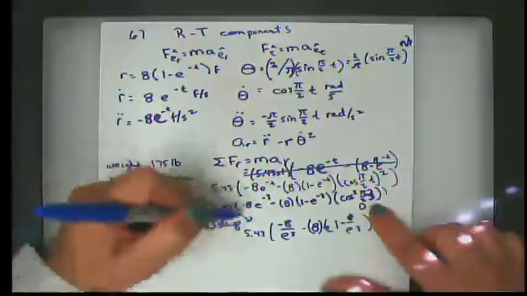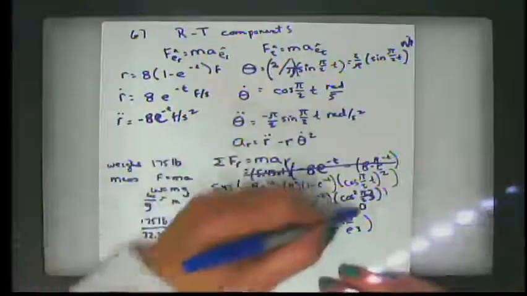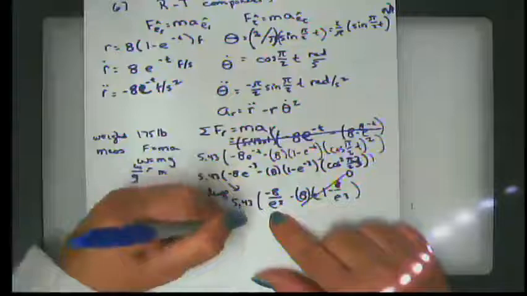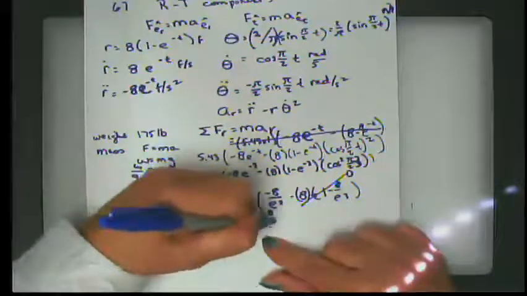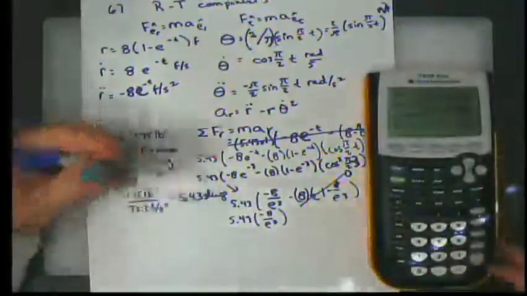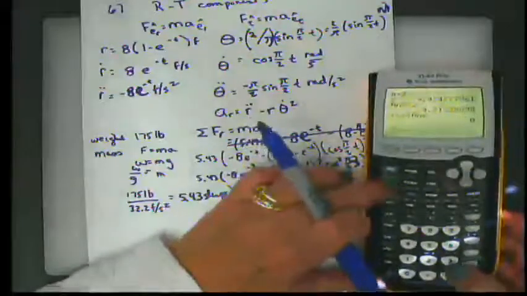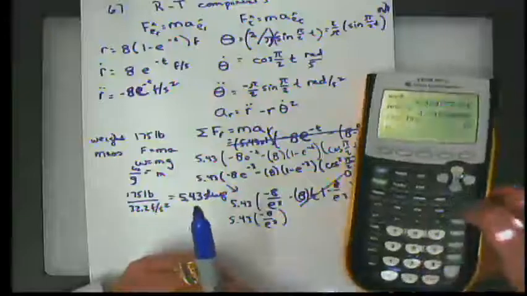All right, so in other words, this whole thing becomes 0, doesn't it? That's nice. So we get 5.43 times negative 8 over e to the third power. So there's my e, the green button. No, that's a theta, sorry.